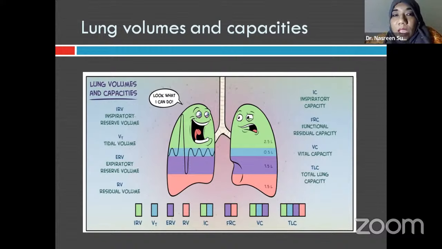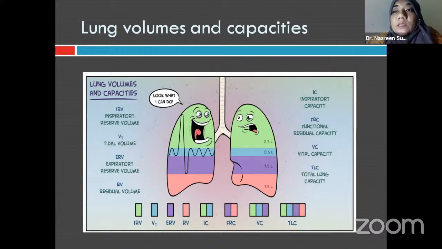IRV means inspiratory reserve volume. Inspiratory reserve volume means after normal breathing. Normal breathing means you are breathing with no sound. Forceful breathing, did you get the sound?